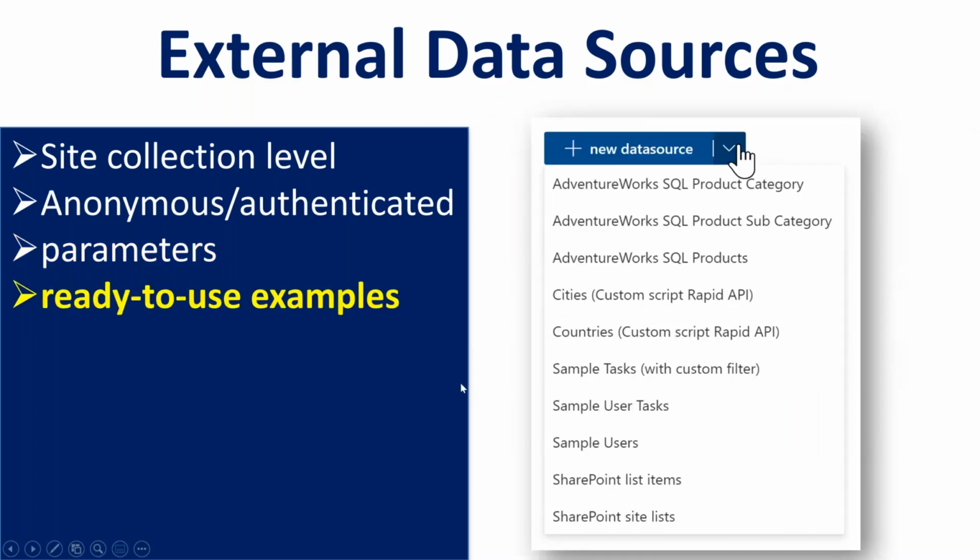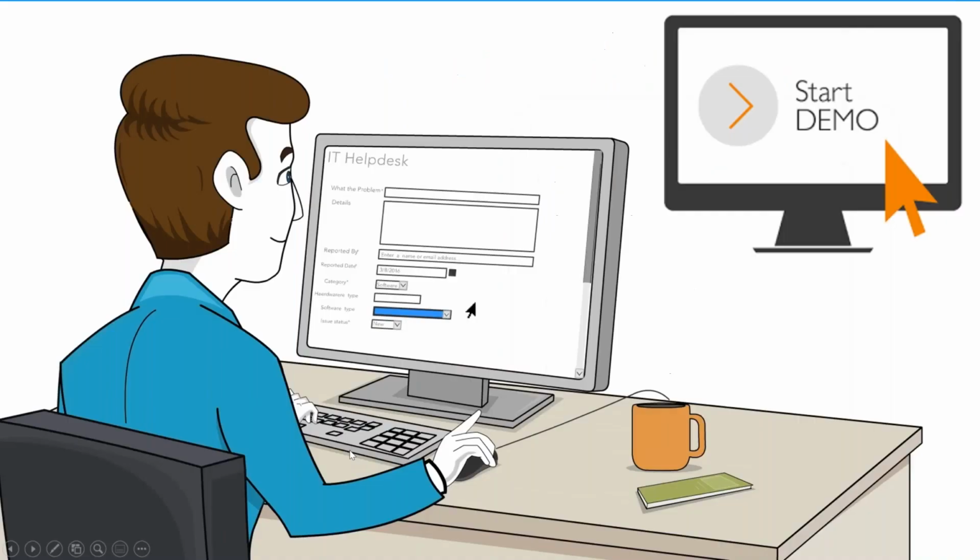And the nice thing here is that it comes with many ready-to-use examples. So even if you're not so techy, like I'm not, it's really easy to start from an example and just change it a bit. You can start from scratch, but it's better to use one of the examples, the one that resembles your use case.